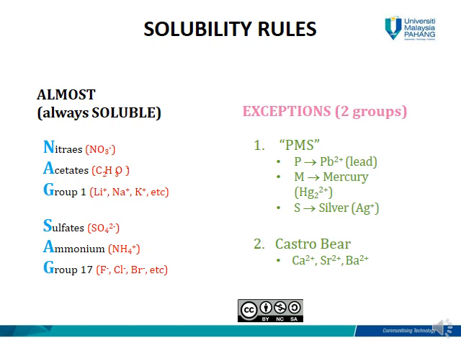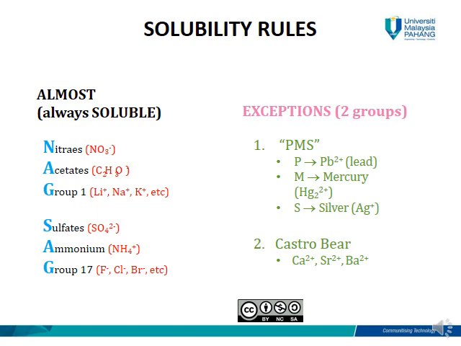So what are the ions that are always soluble? In almost all cases we consider these soluble: for example, nitrates, acetates, and also group 1.